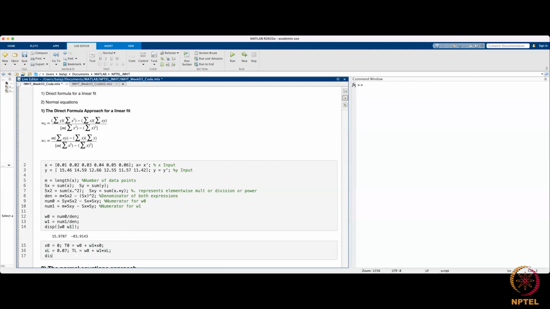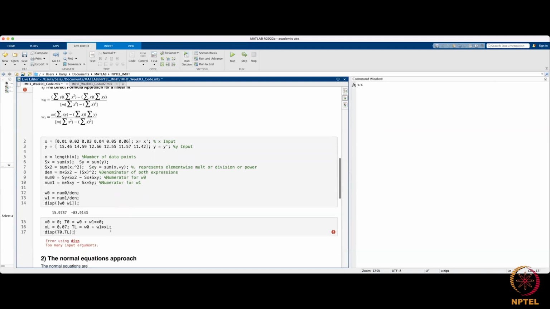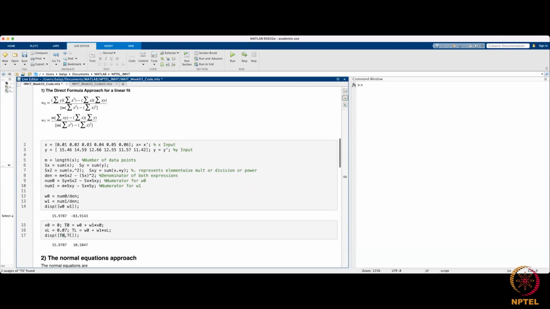You can display both these values, T0 and TL. We had calculated these values earlier also. Sorry, I should have put a bracket here. So we found this out even earlier. 15.97 was the predicted temperature at the left, and 10.10 was the predicted temperature at the right.